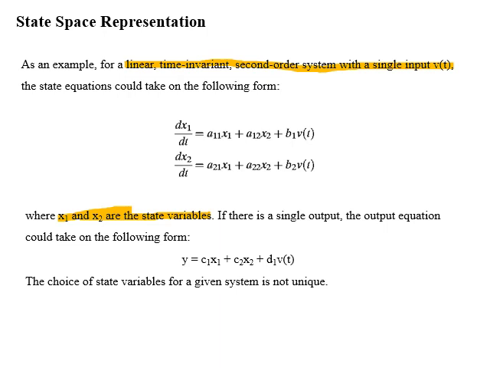In first equation, x1 derivative is equal to linear combination of states and input. In second equation, first derivative of x2 is equal to linear combination of states and input, where output equation is linear combination of states and input.